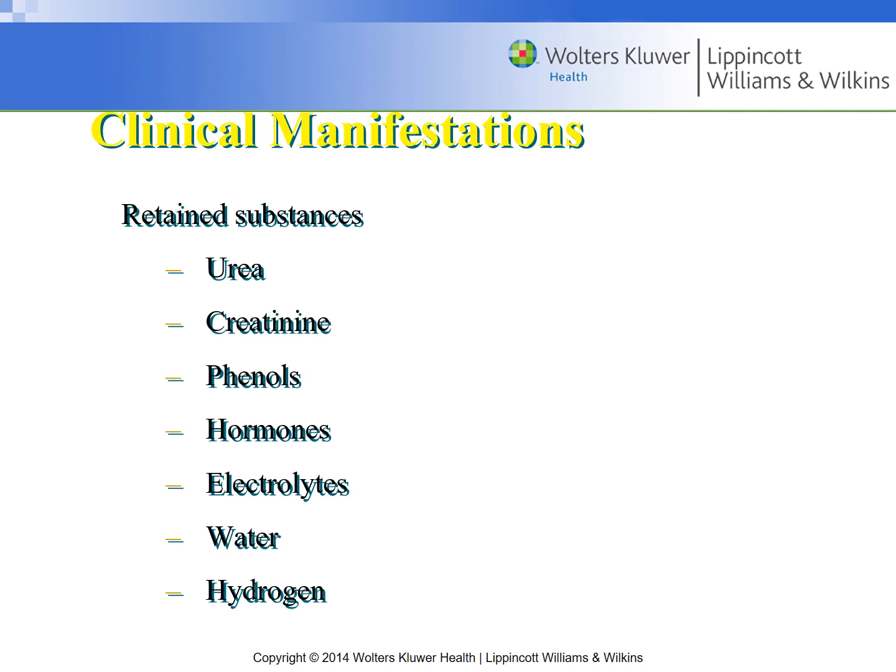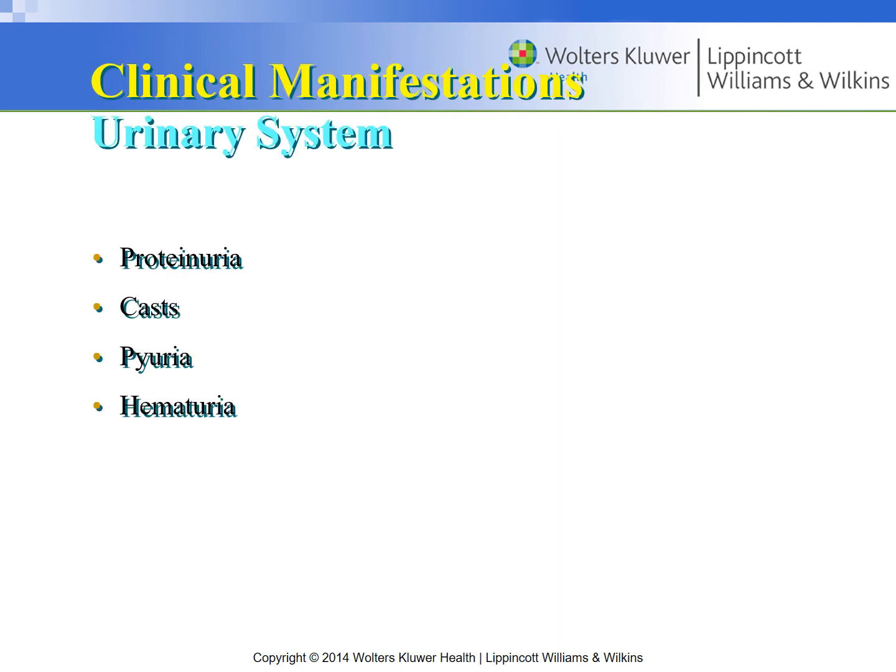Hydrogen is retained because it's not being excreted. All of this stuff, basically, is not being excreted. And retaining that hydrogen is another issue with that whole metabolic acidosis as well. So, when we're hanging on to things that should normally go out of the body through the urine, we're going to have big issues.